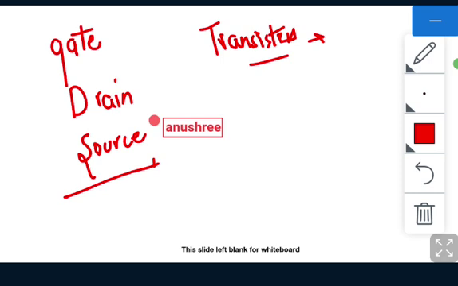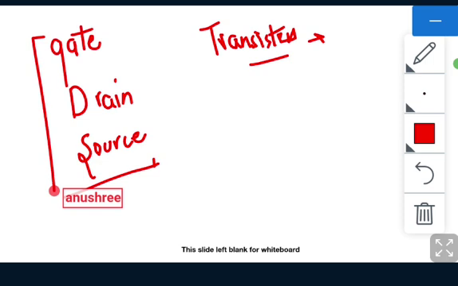But here, since it's a voltage controlled device, you have to write first that MOSFETs are voltage control devices, and they have the three terminals, that is gate, drain, and source. Yeah, I've written that down.